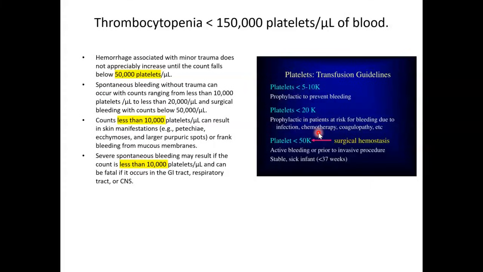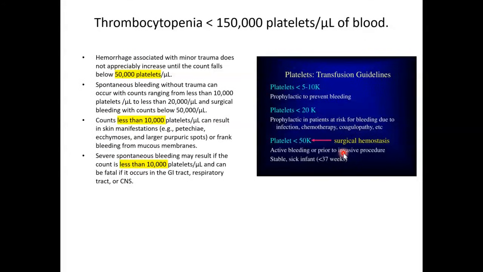When they start getting below 20,000, they are going to warrant a platelet transfusion due to an infection, people who are on chemotherapy, people who have coagulopathies. That becomes a little bit of a different guideline, okay? So less than 10,000 just for the average person, less than 20,000 for somebody who's at risk for bleeding, less than 50,000 if somebody is actively bleeding or prior to an invasive procedure or surgery.